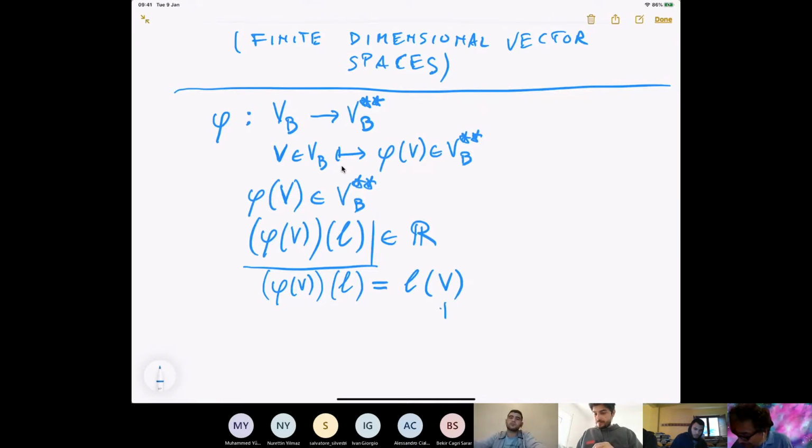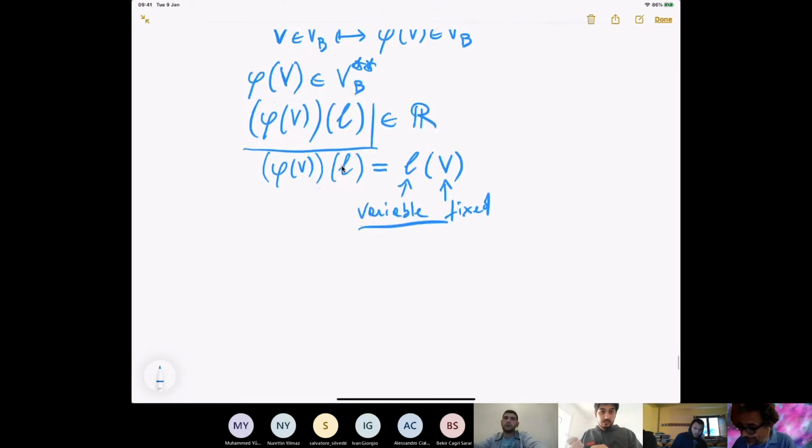So this V is now fixed and L is variable. Okay. Now it is obvious that phi V calculated in alpha L1 plus beta L2, which by definition is equal.